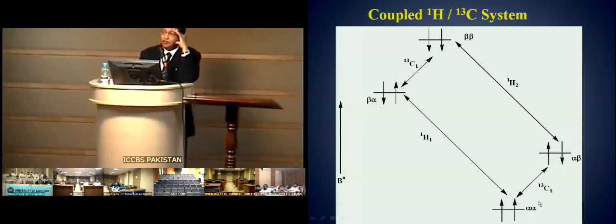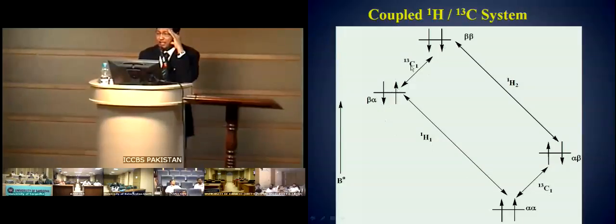So the signal is of a carbon, right? In this case, you see the change in the orientation of proton, so it is a proton. These are proton transitions and these are carbon transitions.